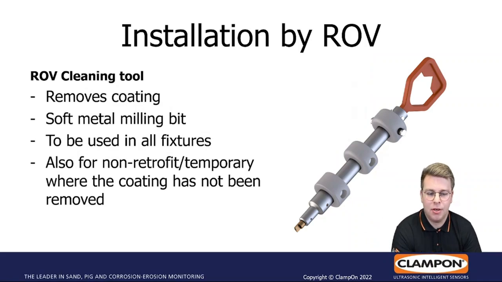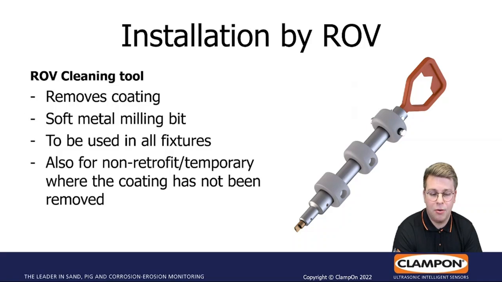When you install a retrofit, you need to remove some coating. Our sensors need metal-to-metal contact to work. So that's why we have created this cleaning tool. And this has a soft milling bit, as you can see in the brown color on the front here, on the tip.